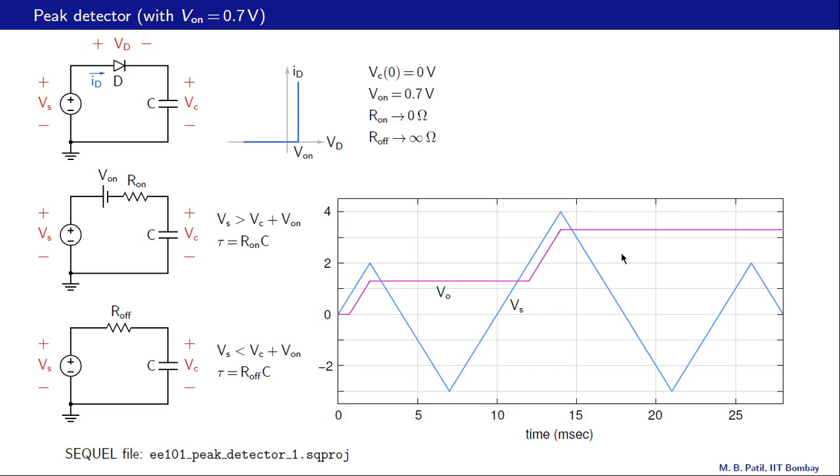So the output voltage in this case is quite similar to our previous example where V on was 0, except for this difference between Vs and Vo.